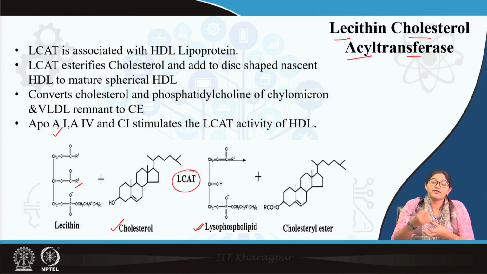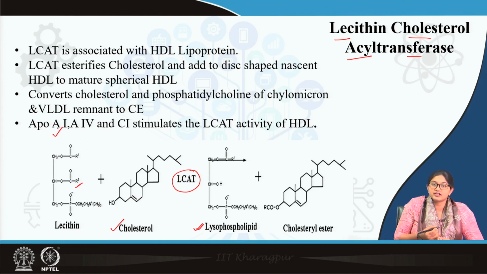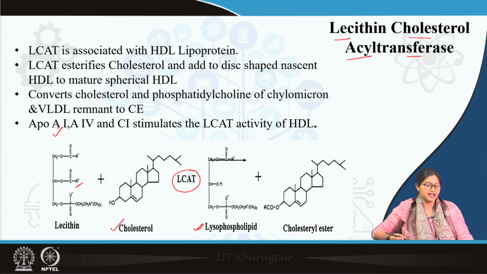So, it forms the hydrophobic core of nascent HDL. Basically, nascent HDL is converted to mature spherical HDL. Similarly, LCAT can also convert the cholesterol of chylomicron and VLDL remnant to cholesterol ester as well.